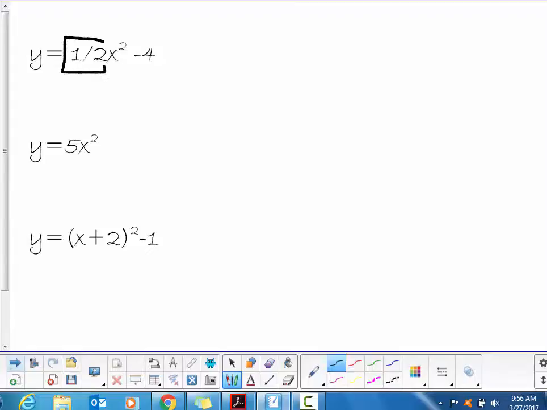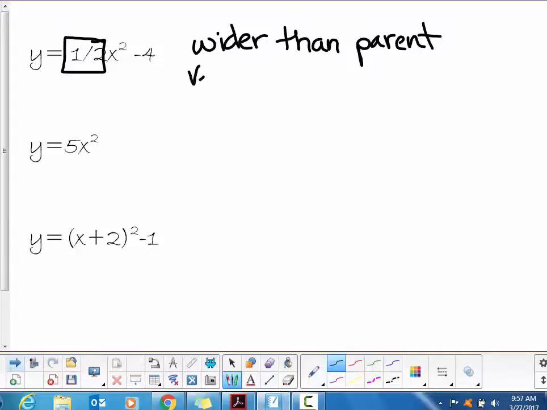The 1/2, the coefficient attached to the x squared, represents a stretch on my parabola. This is going to make it squattier or wider than the parent function.